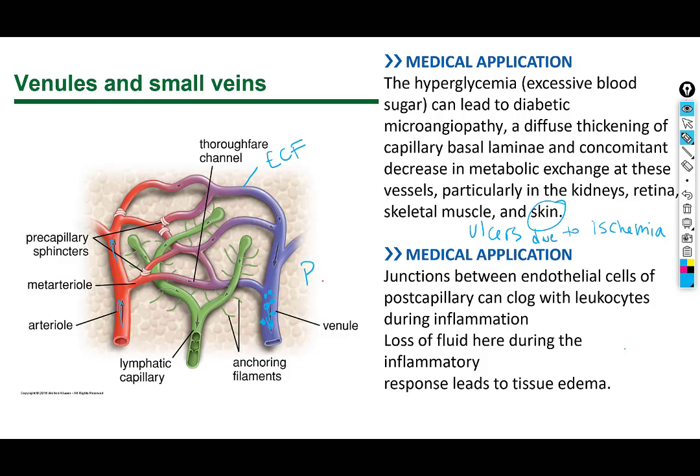Then the pressure in the capillary bed would go up, and you'd get more leakage of extracellular fluid out. If you combine that with inflammatory responses involving histamines and heparin, that creates a lot of fluid leaving the capillary and not coming back, which creates localized edema. So that's why you get swelling with inflammation, in addition to this leukocyte clogging phenomenon.